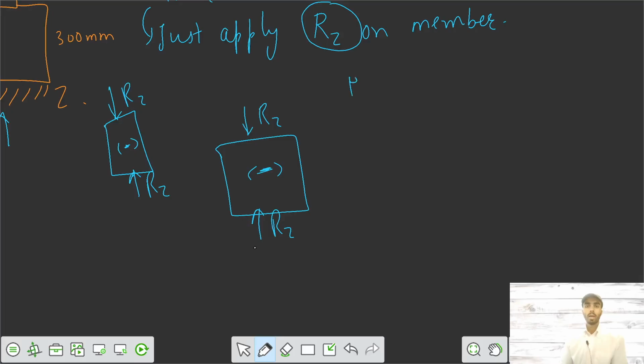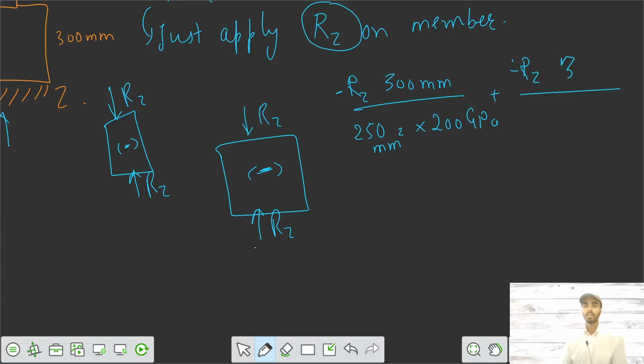We say RZ into 300 mm, area of cross section was 250 mm square, and the modulus of elasticity was 200 gigapascal, plus in the second part, you have minus RZ, length was 300 mm, and your area was 400 mm square, into 2 into 10 to the power 5 Newton per mm square.